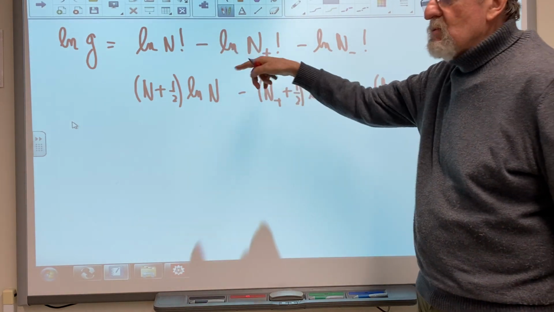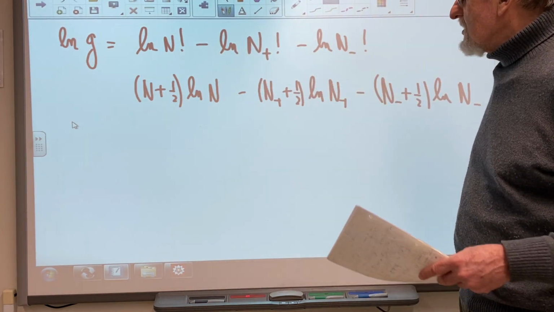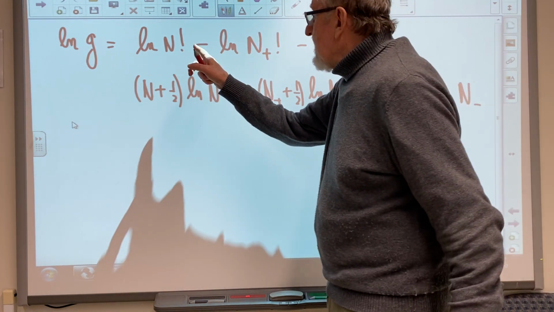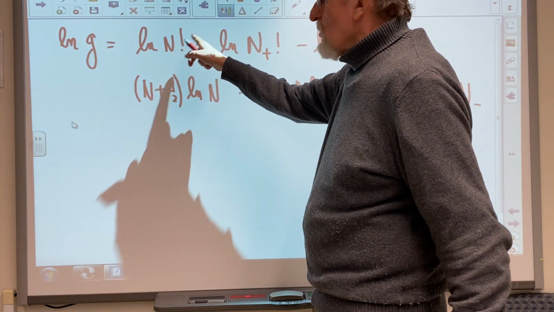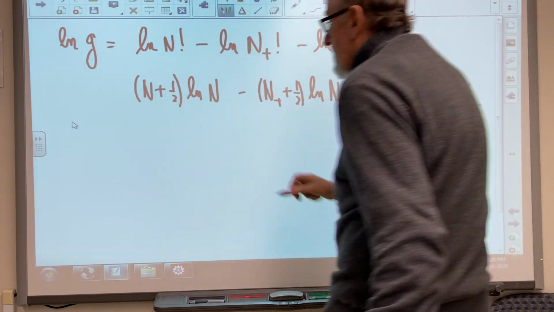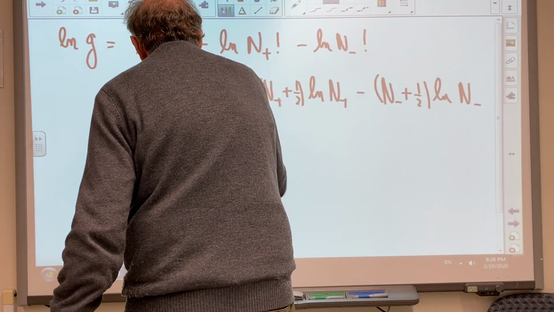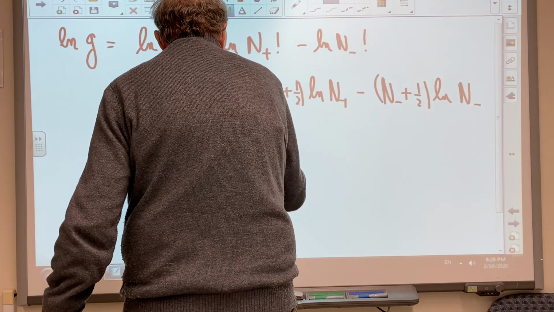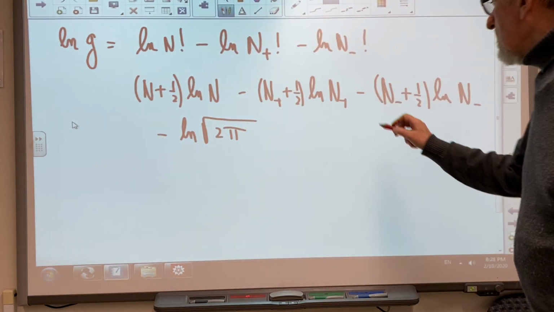So the part that was minus n, I don't need to write it, but here I get logarithm of square root of 2 pi minus logarithm of square root of 2 pi minus another, so I get minus ln of square root of 2 pi. So this is the expression.